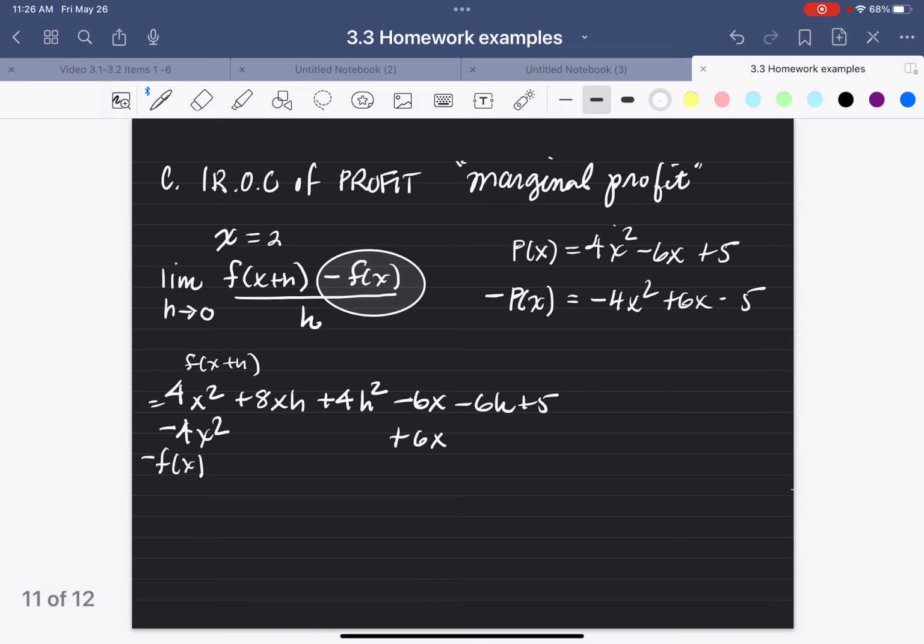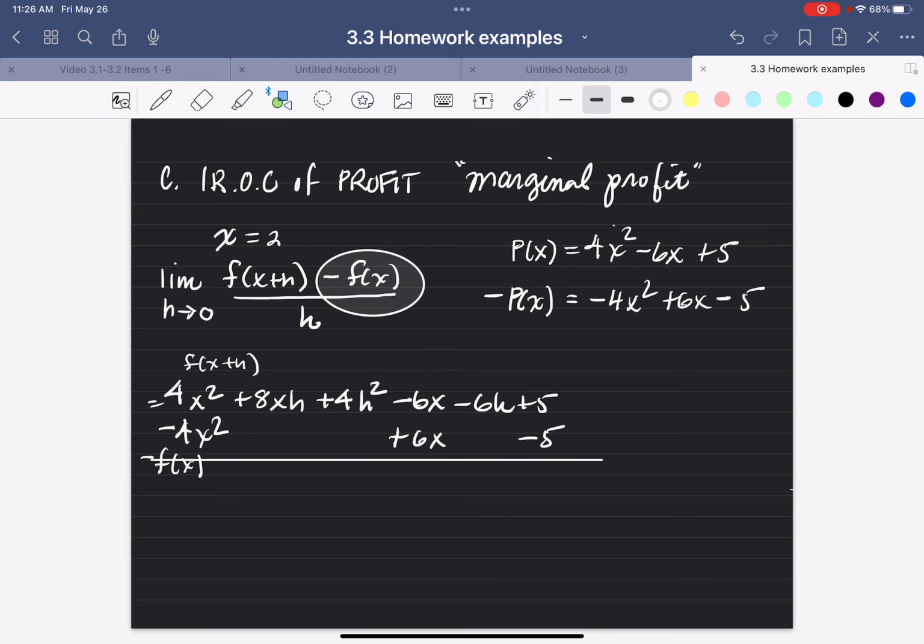Because I've got to subtract everybody, so it's a minus 5. And the reason I knew that I just miscopied that sign is all of these original function terms should cancel out. That's what happens when you take away the original function. So what I'm left with is 8xh plus 4h squared minus 6h.